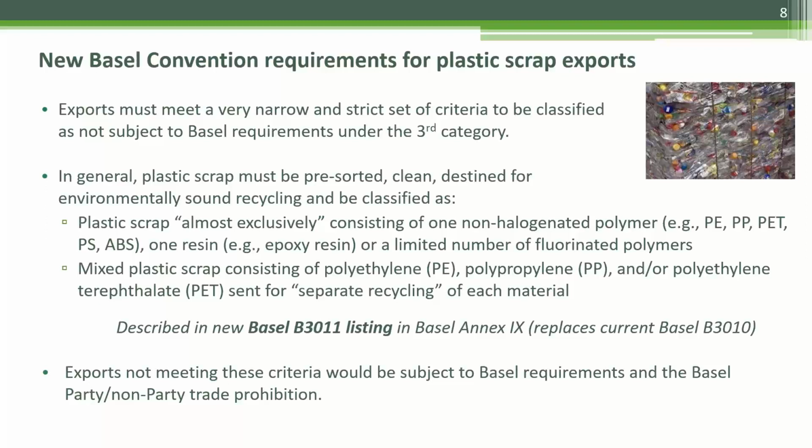This category of plastics is described in a new Basel listing, B3011, in Basel Annex 9, and replaces the existing listing covering plastic scrap and waste in the convention. As I mentioned, exports not meeting these criteria would be subject to Basel requirements and the party non-party trade prohibition.